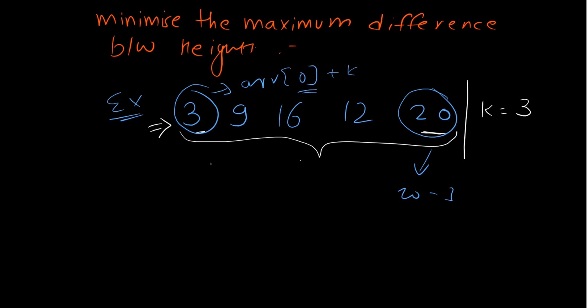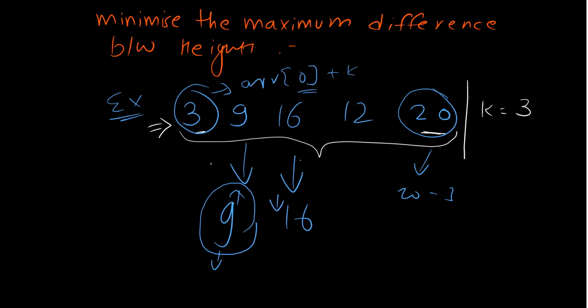Okay, now why we are doing this, let's understand this. Suppose we take 9, and suppose we take 16. So we will increase the height of 9 and we will decrease the height of 16. Since we increase the height of 9, we will compare it with the current largest, and also compare it with the current smallest tower, and we will update them accordingly.